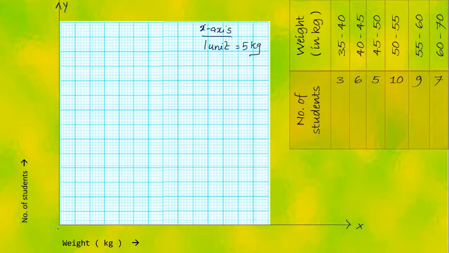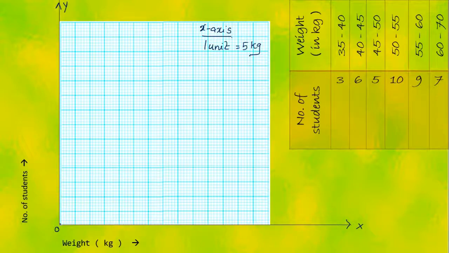Let's write it. As you know, the common point between x-axis and y-axis, we will write it as 0. And we are going to write the class intervals here in the x-axis. Here the class intervals start from 35. So we considered one unit as 5 kilogram.